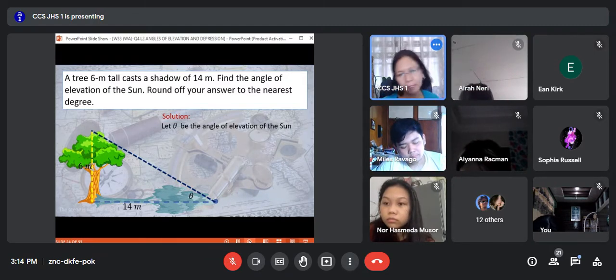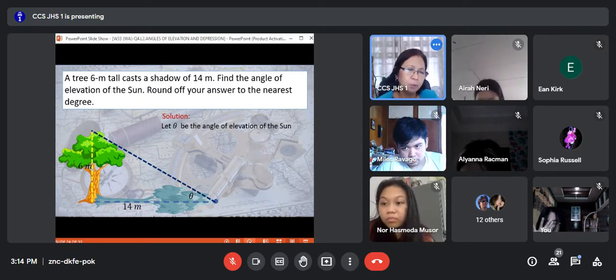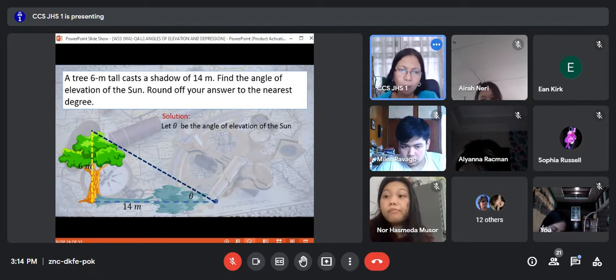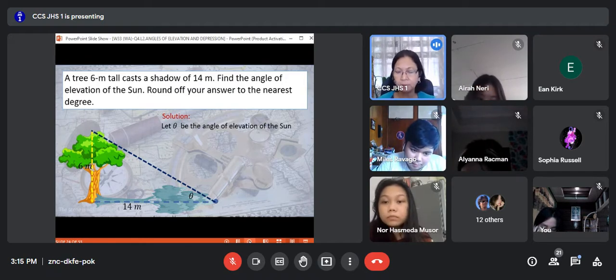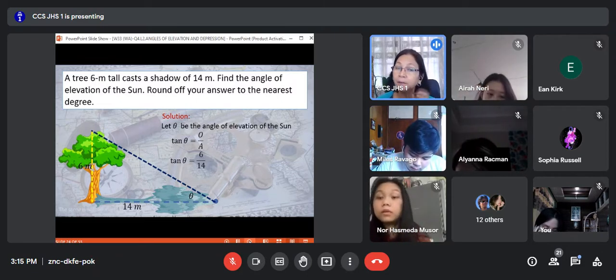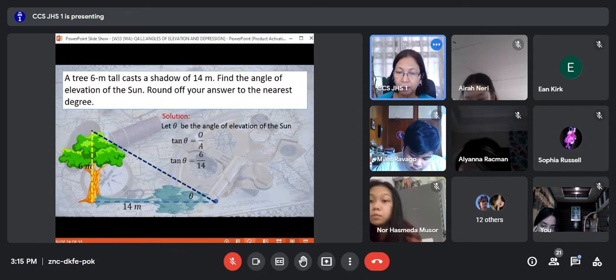Again, look at the given. Using angle theta, what trigo function or trigo ratio can we use? Sine, cosine, tangent? Still tangent, because we have opposite over adjacent. So tangent theta is equal to O over A. And our theta is unknown, so tangent theta is equal to 6 over 14.